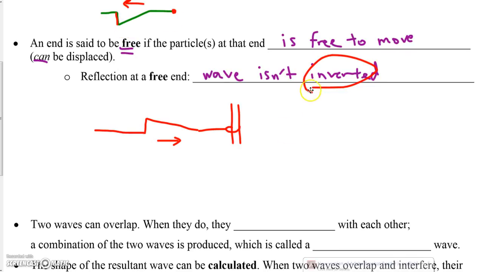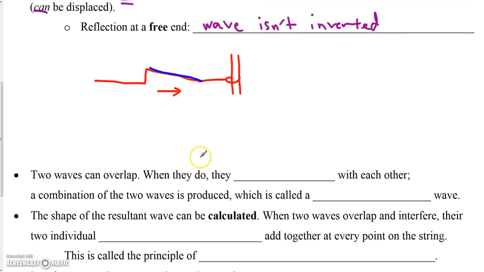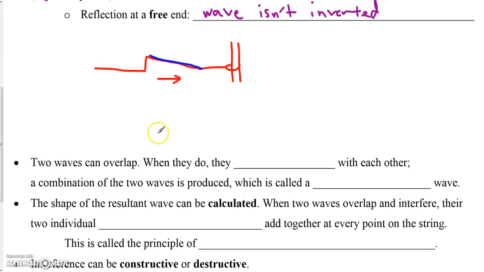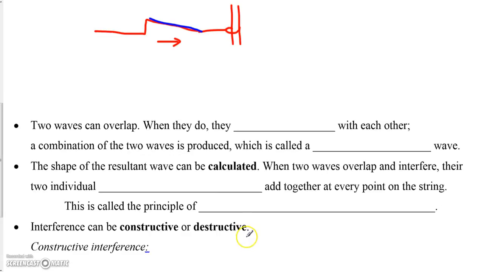And so when it hits the end here, it's not going to flip down to the bottom, it's going to stay on top. But you need this shallow leading edge to still be leading down below. So go ahead and give it a shot. Draw that reflection below.